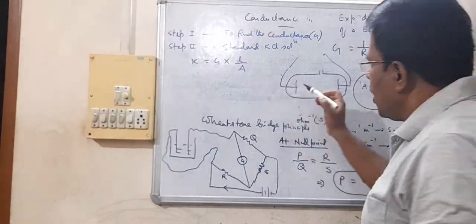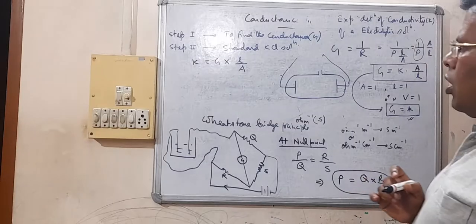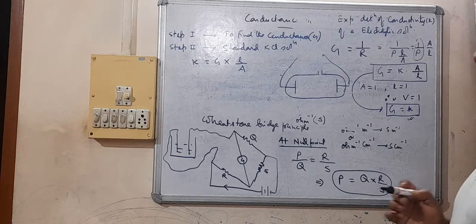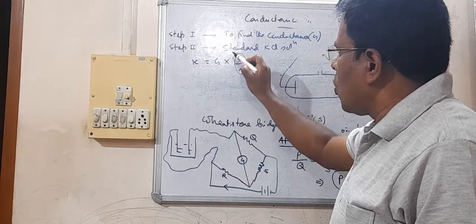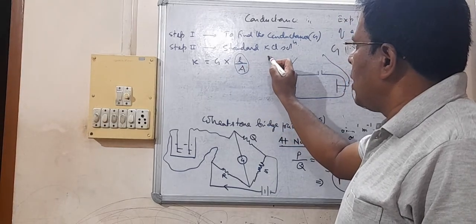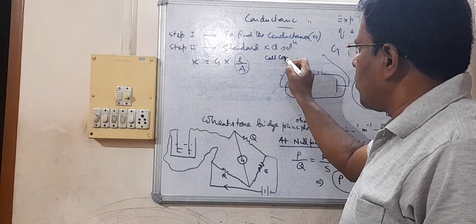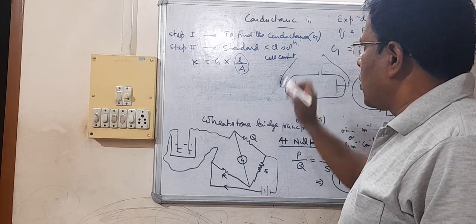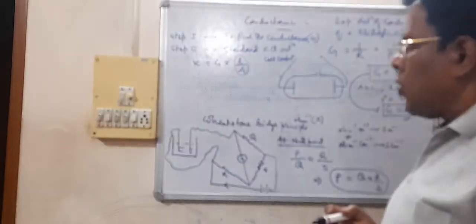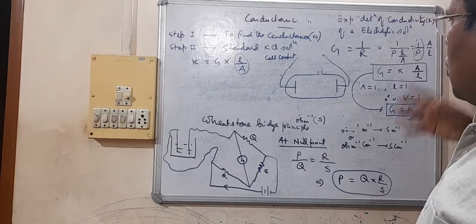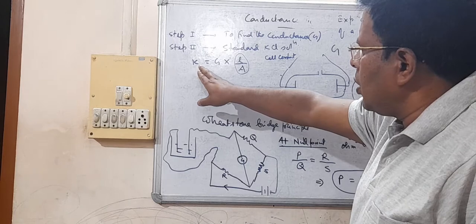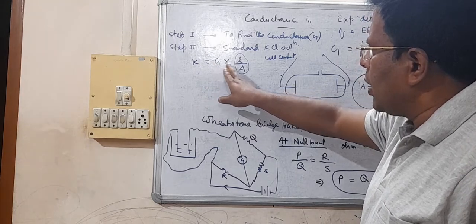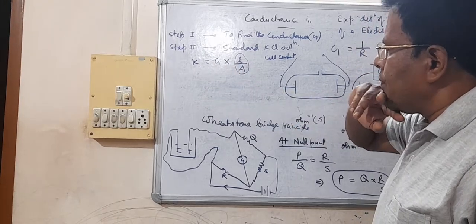And A is the area of cross section of the electrode. This L by A is called cell constant. So in order to find conductivity, we have to multiply conductance into cell constant.